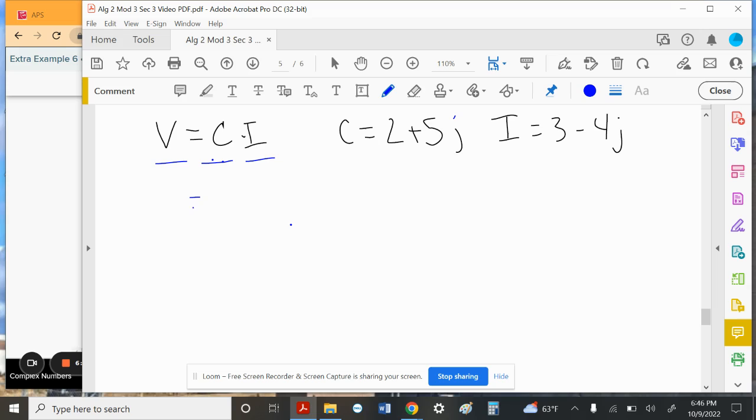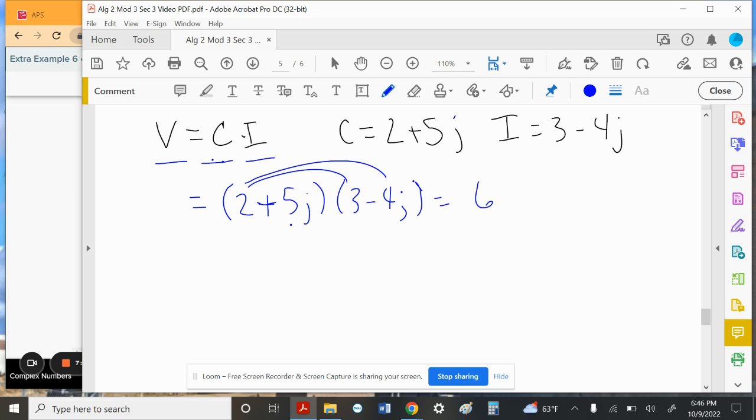So we have V equals, so I'm going to substitute 2 plus 5J, which is really just an I, and 3 minus 4J. We're going to FOIL. So 2 times 3 is 6. 2 times negative 4 is negative 8J. We're then going to FOIL or distribute the 5J through. 5 times 3 is plus 15J.